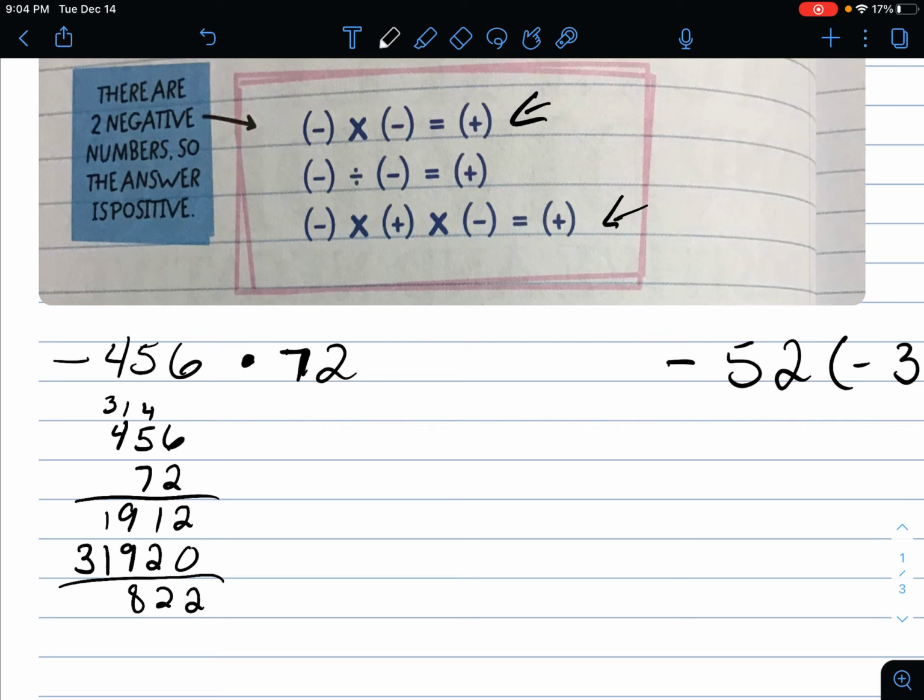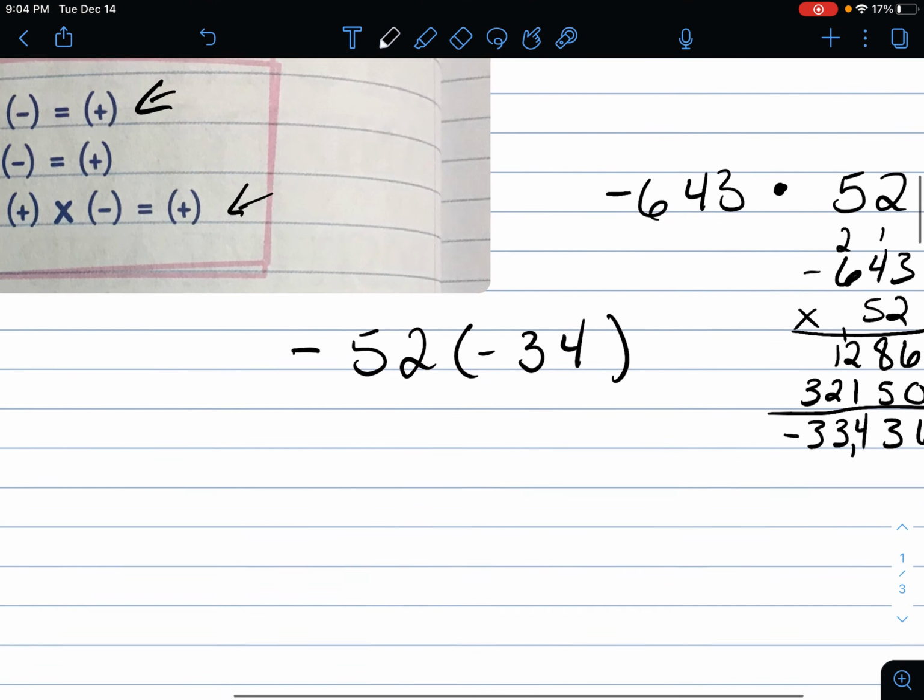That 1 plus 2 should be 3, not, I did times. There we go. All right, so that's 18, carry the 1. 1 plus 1 is 2, and then there's nothing to add to the 3. So this one becomes 32,832. Now we have one negative, so the outcome is going to be negative.